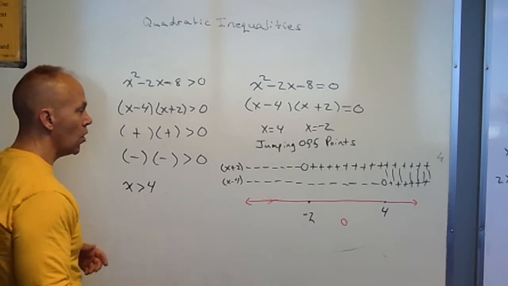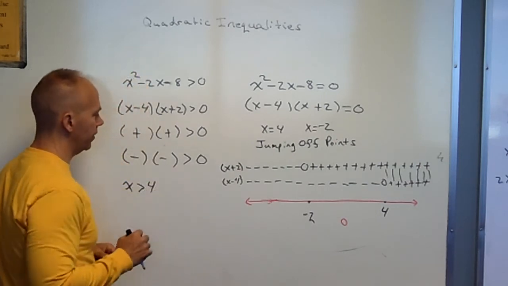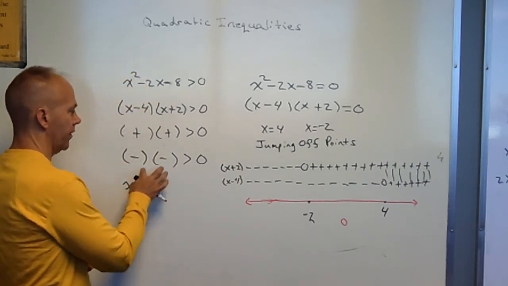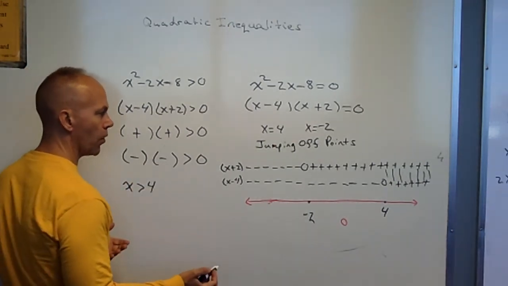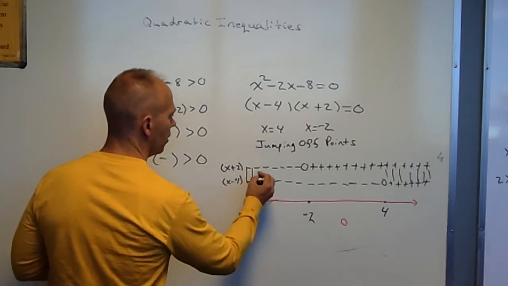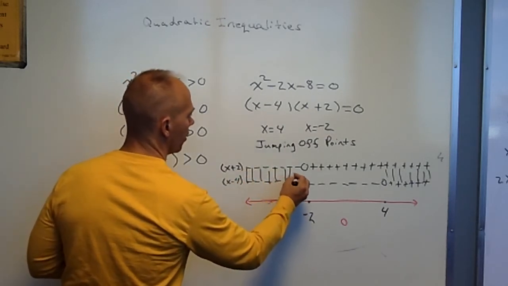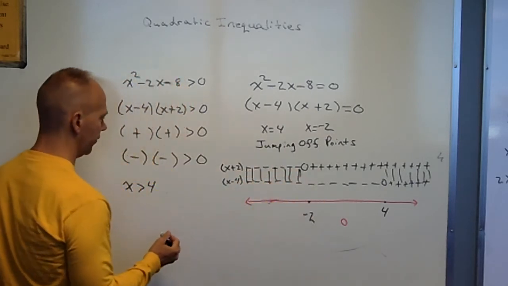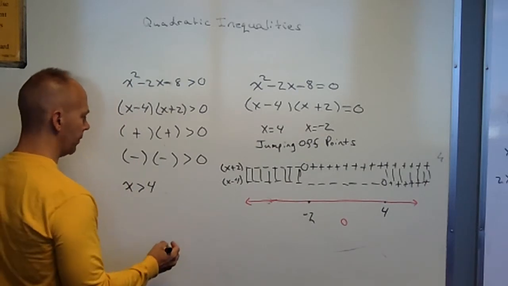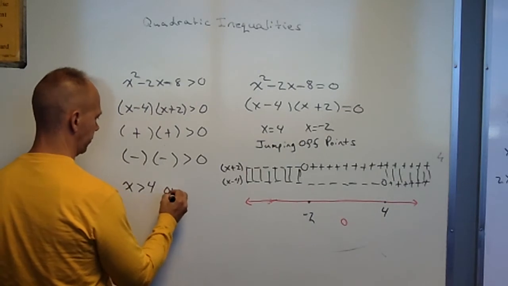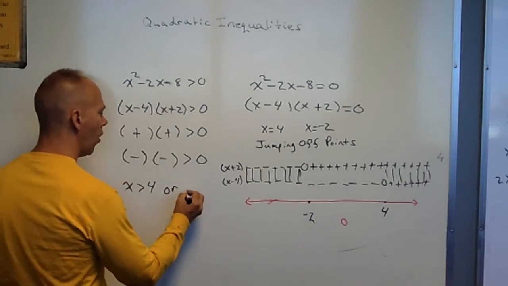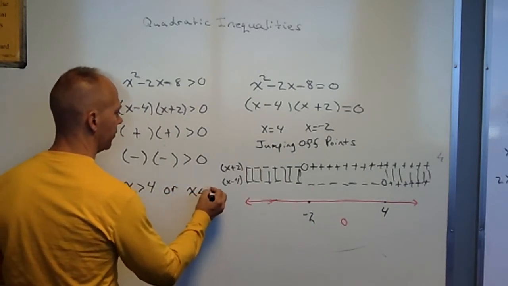Cool? But I'm also interested if both of those factors are negative, because negative times a negative is supposed to be greater than 0. Where are they both negative? Well, out here to the left of -2. So I got two separate solution sets. I've got all the numbers greater than 4, or all numbers less than -2.